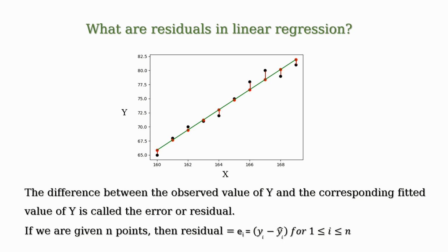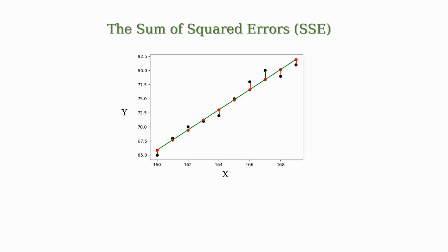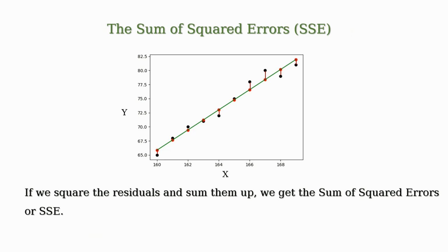In this graph, the red lines represent the residuals. At this point, if we square the residuals and sum them up, we get the sum of squared errors or SSE. So, SSE is equal to summation from i equals 1 to n of (yi minus yi hat) whole square.